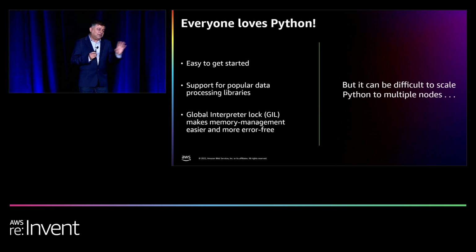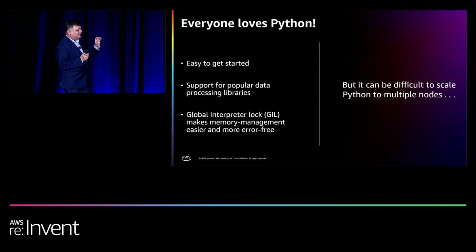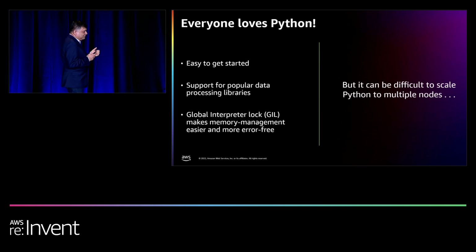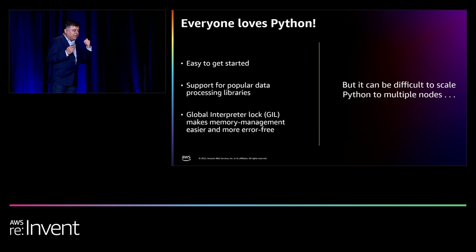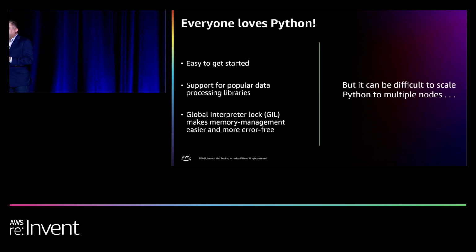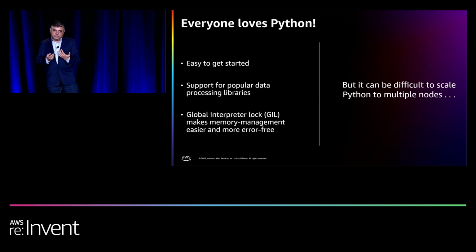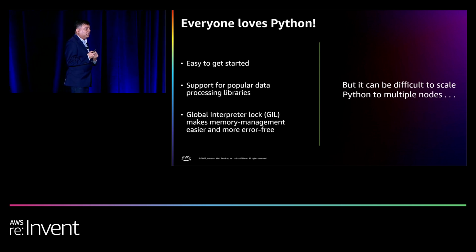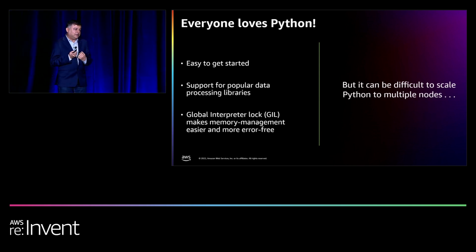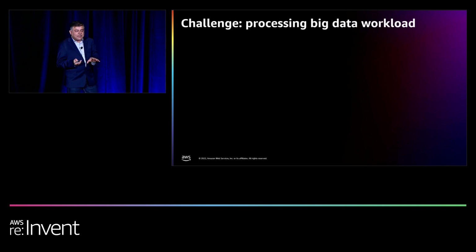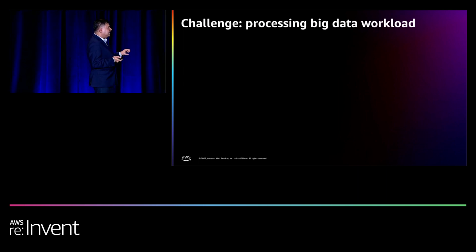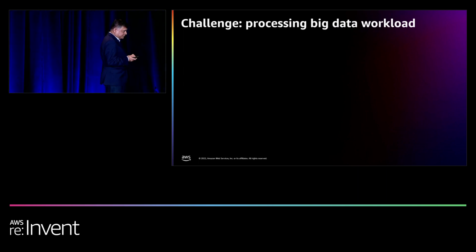And there are multiple discussions. You can Google this on GIL. It makes it difficult to scale Python beyond a single-node machine. And this is a huge problem when it comes to writing distributed Python jobs. And what that leads to is a challenge around processing big data workloads.